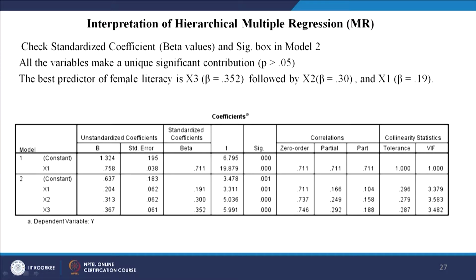The best predictor of female literacy, which is the y, is which one? x3. Let us see what x3 is doing. The beta value is 0.352, the highest. It is not because you have put it in this order; sometimes the order might have changed. It is because it is contributing.